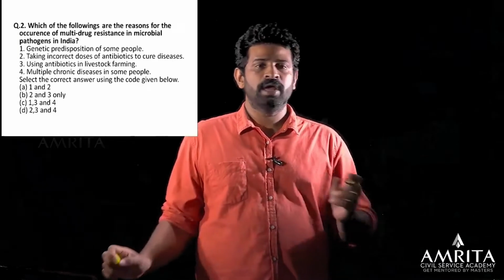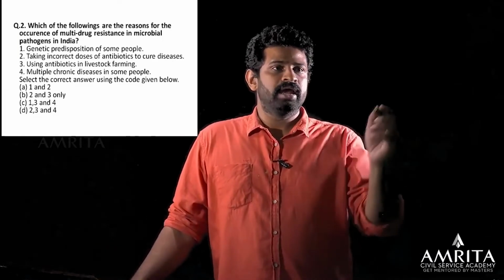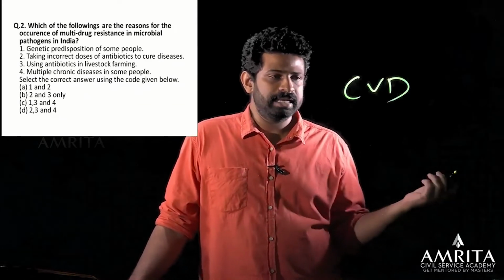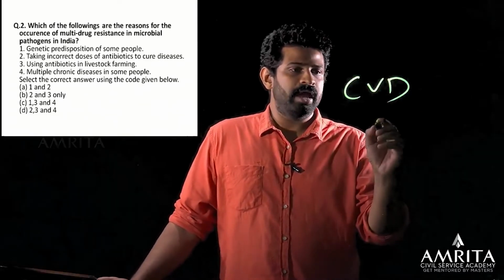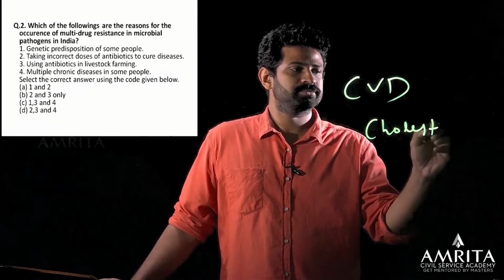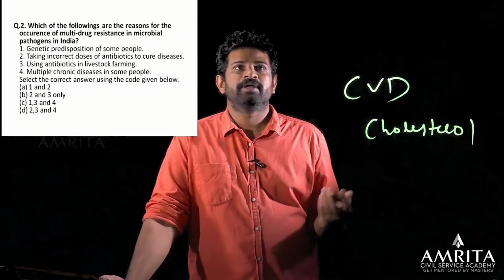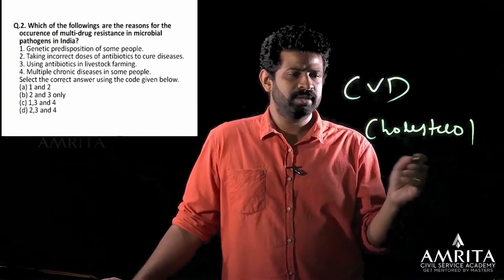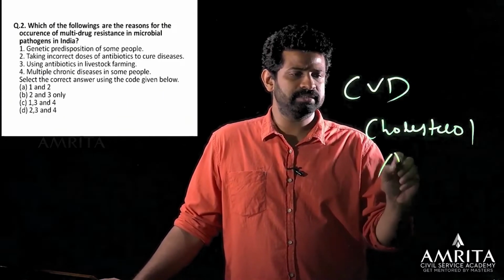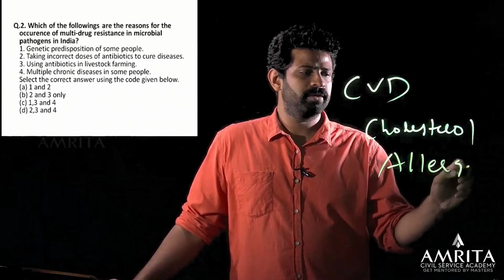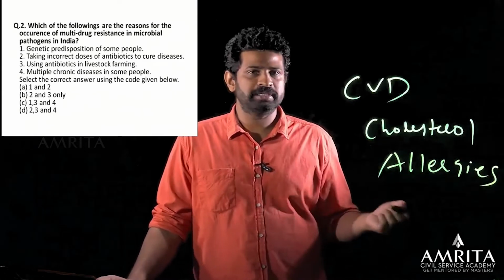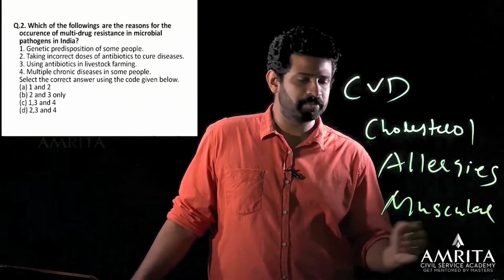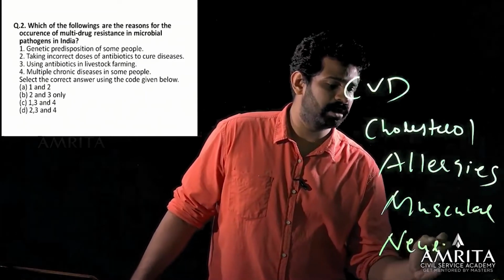Let us imagine. A particular person is having some cardiovascular diseases. Then he might be having cholesterol. Then he might be having some kind of allergies or something. Then there could be some muscular issues. Then there could be some neuronal issues.